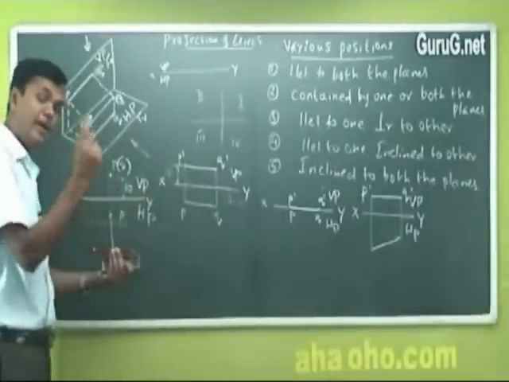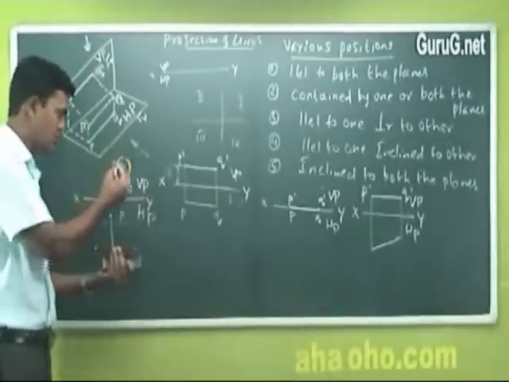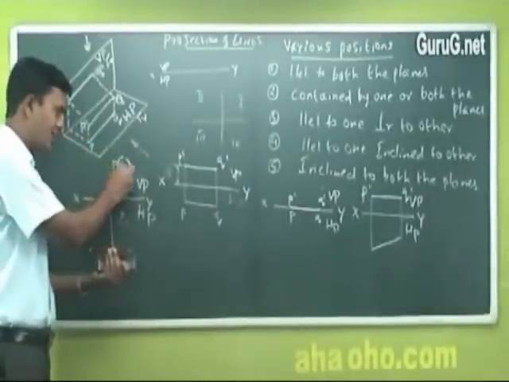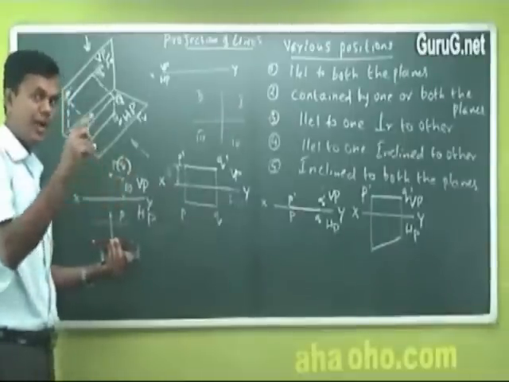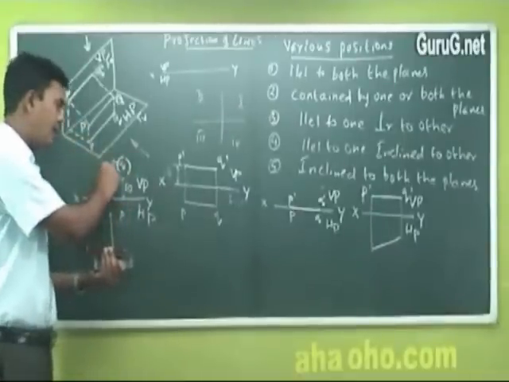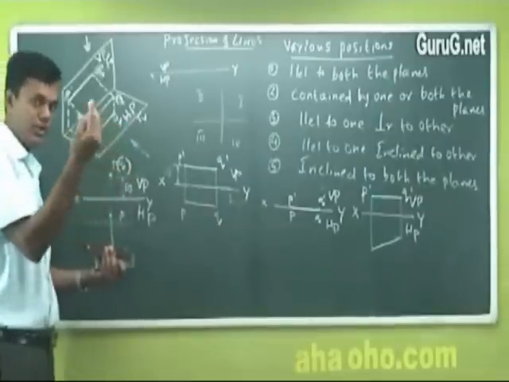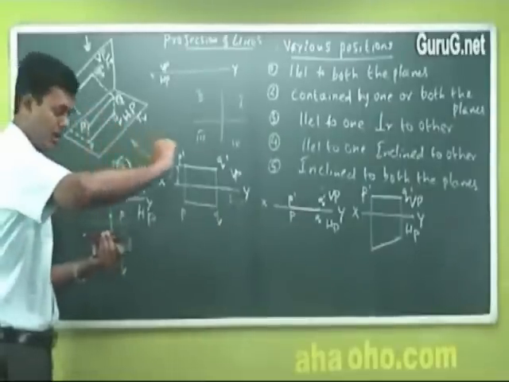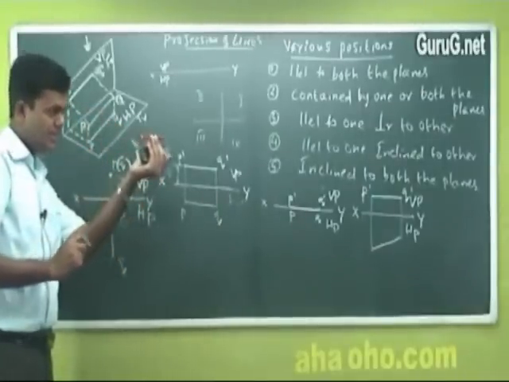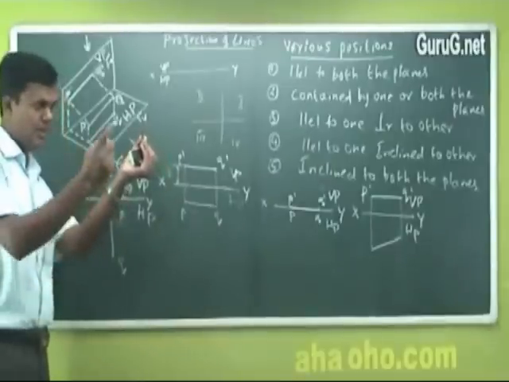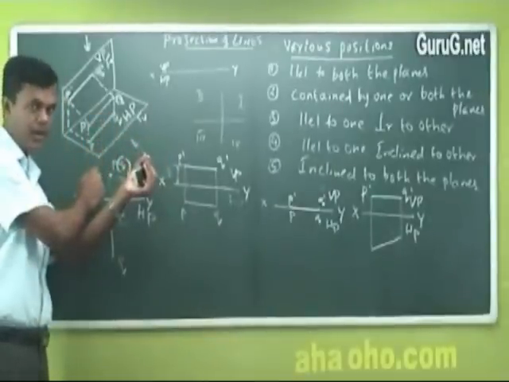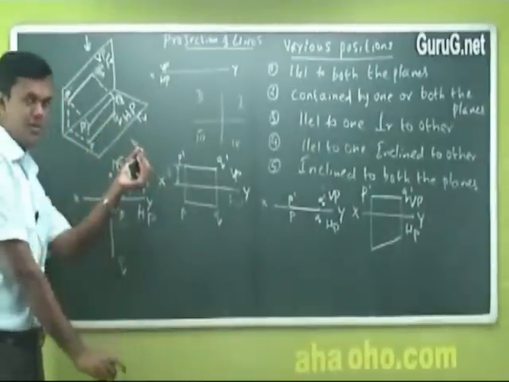So anyone who goes through this and sees the two points will have to understand that points P and Q are two points joined by a line. Since the line is in this position, it is perpendicular to the vertical plane and parallel to the horizontal plane.